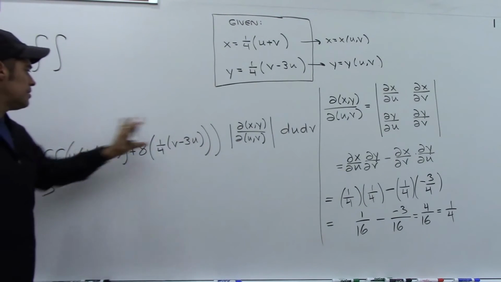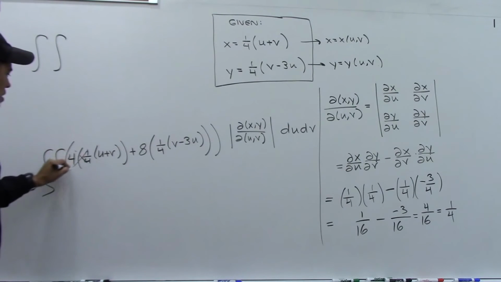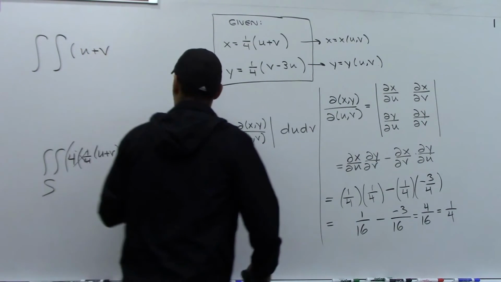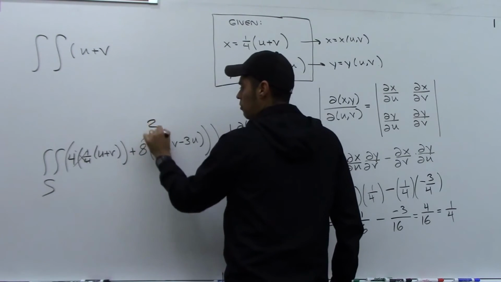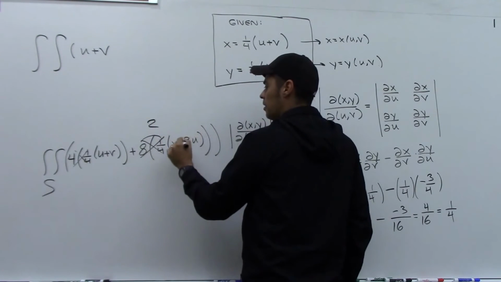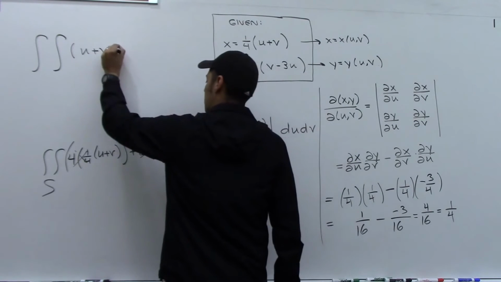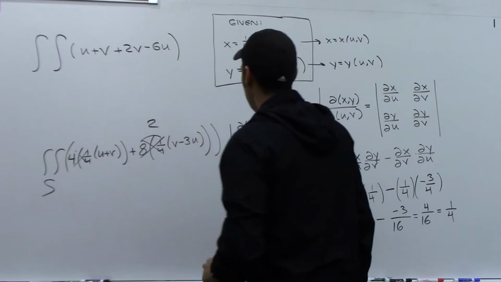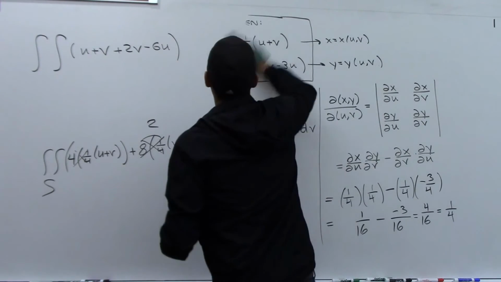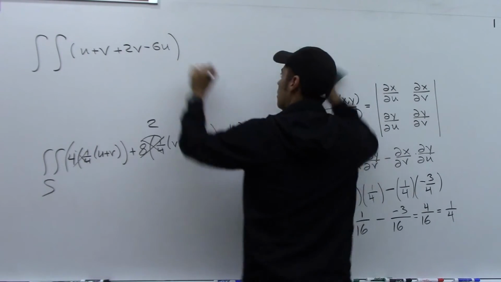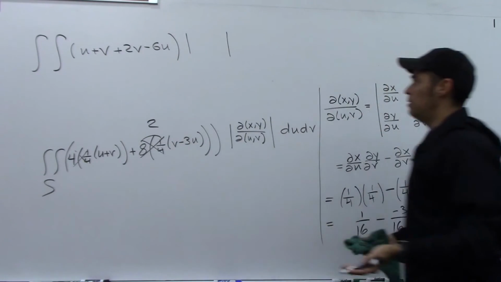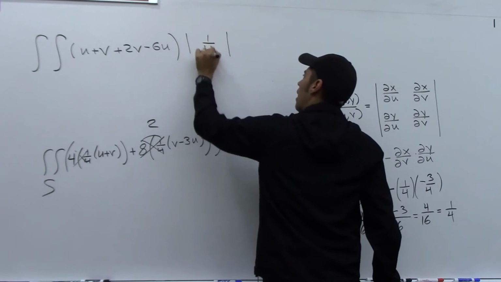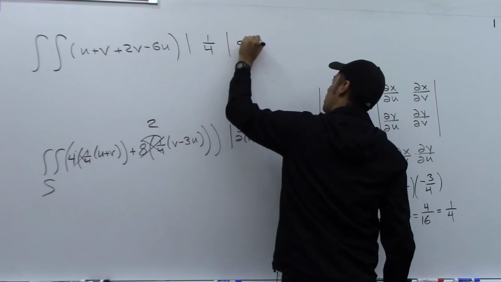I already switched my x's and y's over, so let's kill that off. That's just u plus v. And then multiply that through to here, that's a 2. Then pass that through, you get 2v minus 6u plus 2v minus 6u. And then I need the absolute value of the Jacobian. And this is the Jacobian, 1/4. And then your du dv or dv du doesn't matter.